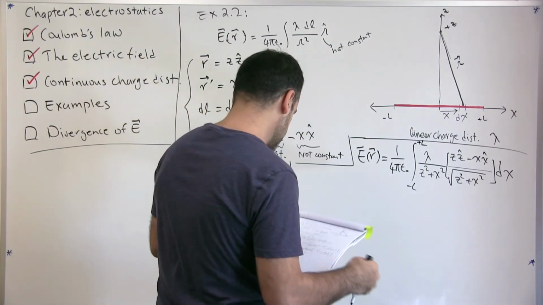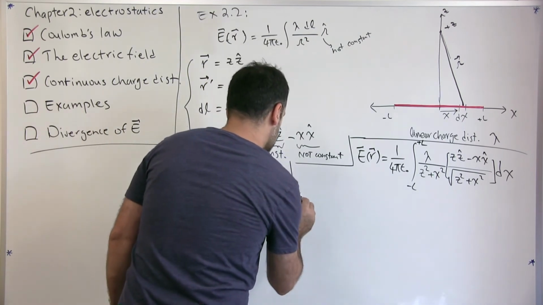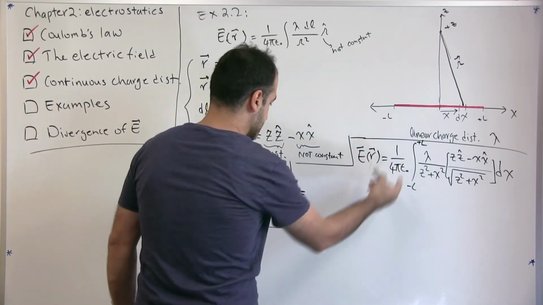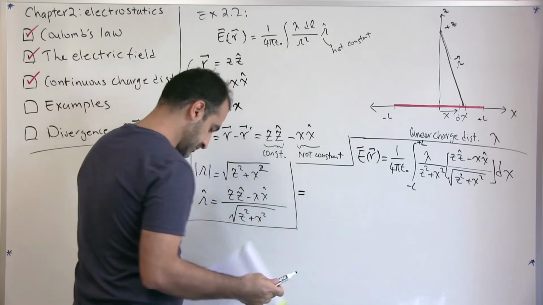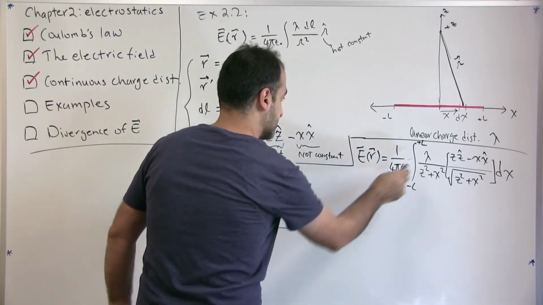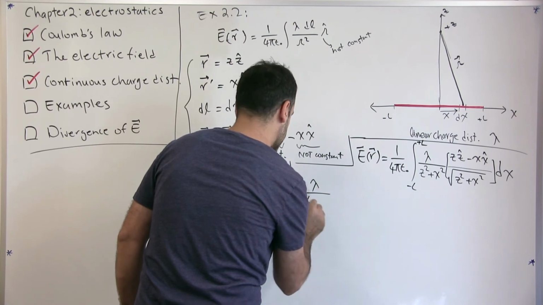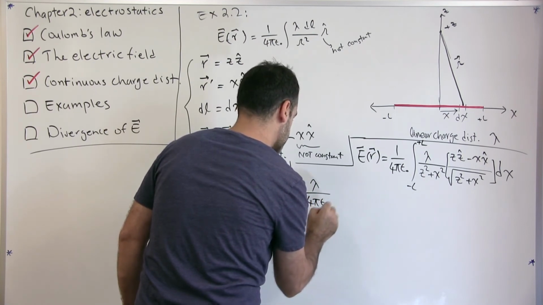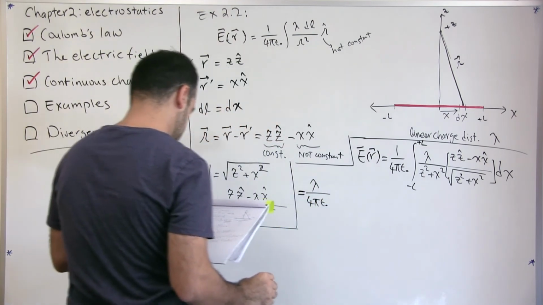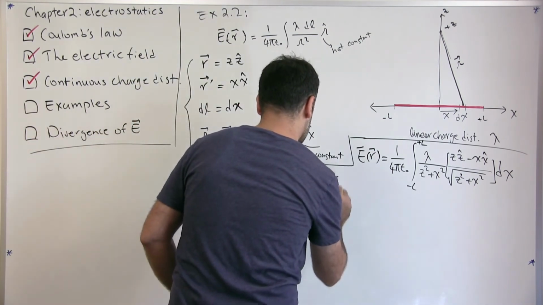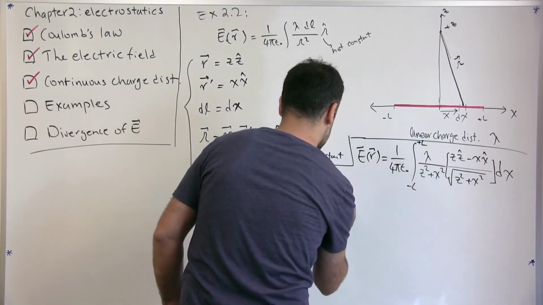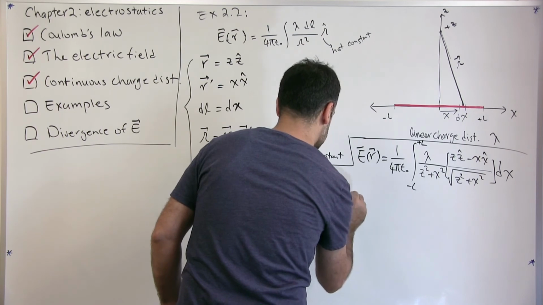So I'm just continuing here. This equal sign is a continuation of that. Lambda is a constant, so I take that out. So lambda over 4 pi epsilon 0 times one integral, from the first term, which is z times z hat.